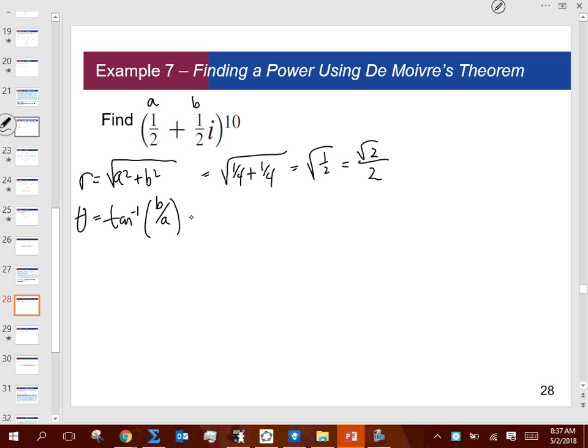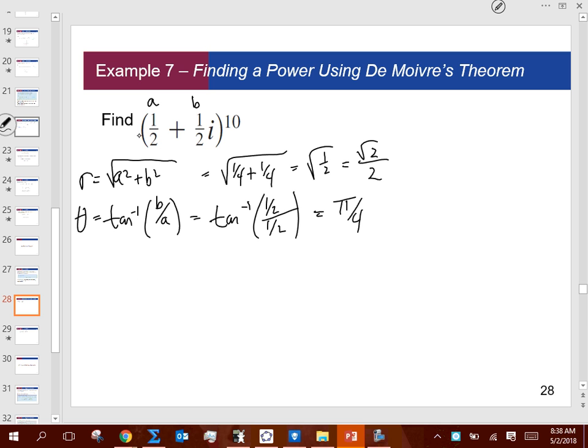Okay. This is going to be tangent inverse of 1/2 over 1/2, right? Well, that's essentially 1. So tangent inverse of 1 is 45 degrees. I'm going to go pi over 4, which if you want to go 45, that's fine. It's not a big deal.